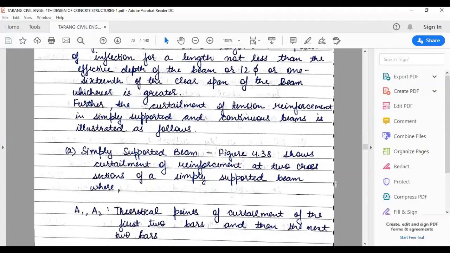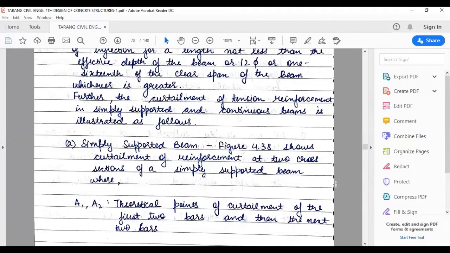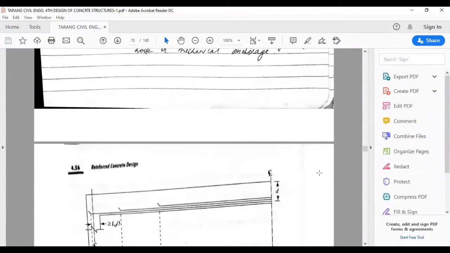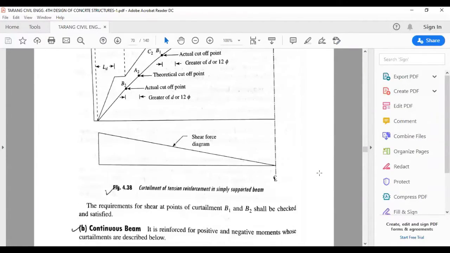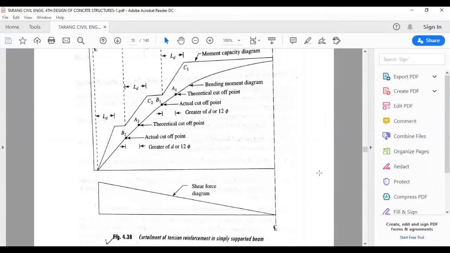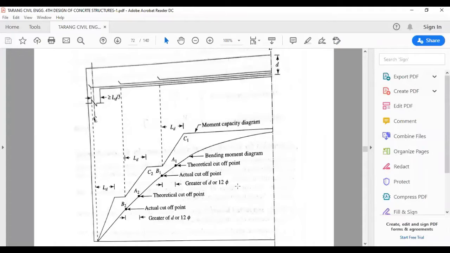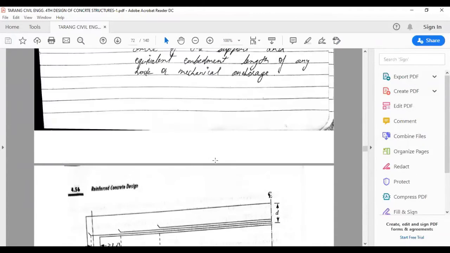For simply supported beams, as shown in figure 4.38, it shows curtailment of reinforcement at two cross sections of a simply supported beam.